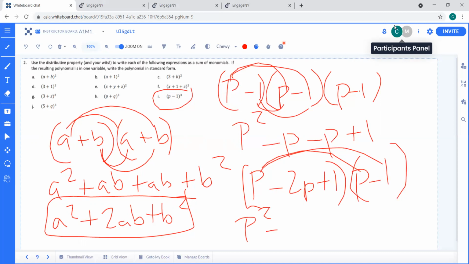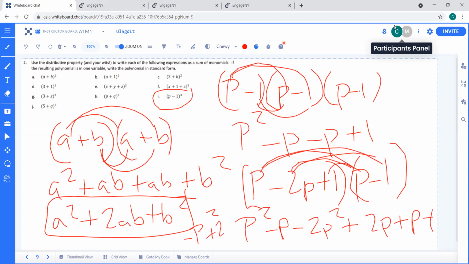P squared minus P, negative 2P squared plus 2P plus P minus 1. Combine like terms. So that's going to be negative P squared. All the P's will be 2P plus P, 3P, minus P is plus 2P, and then minus 1.